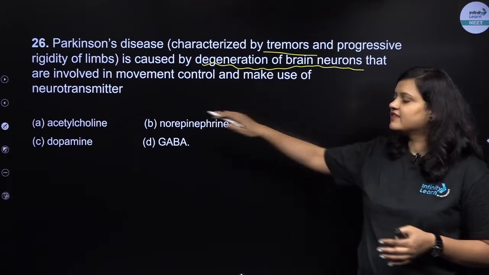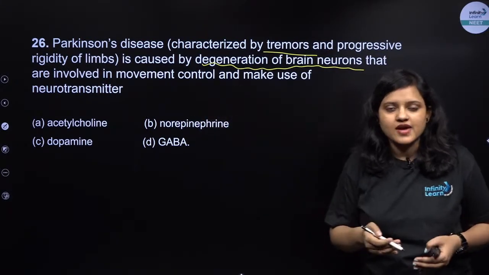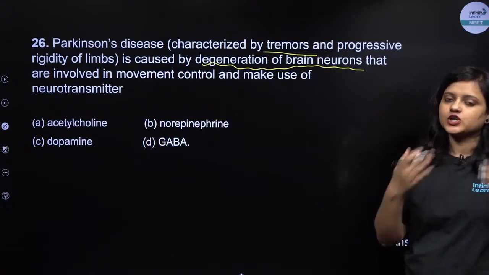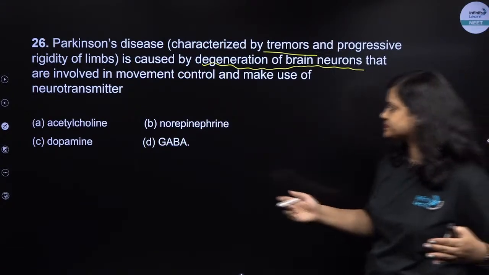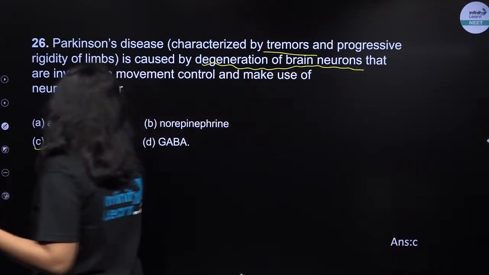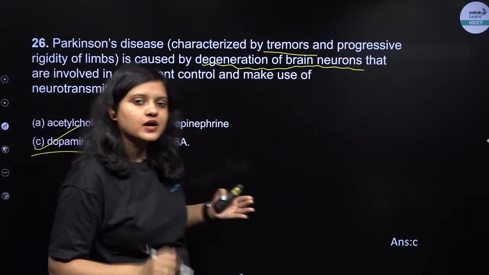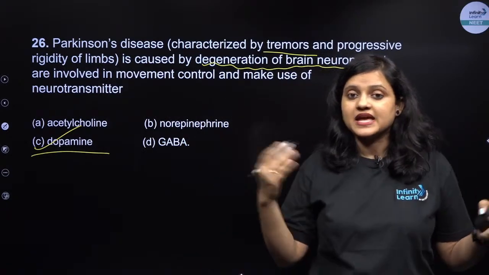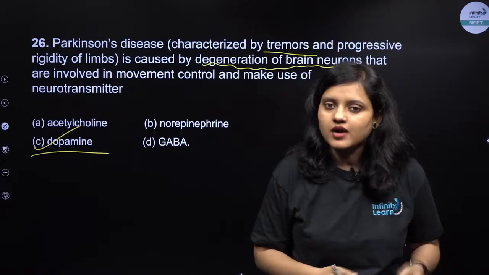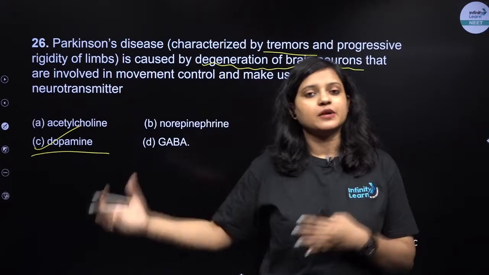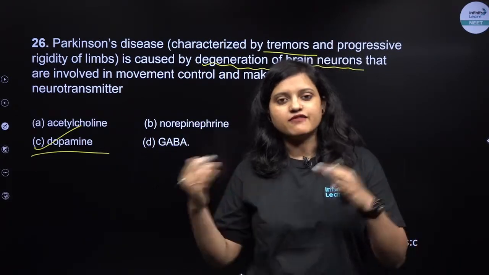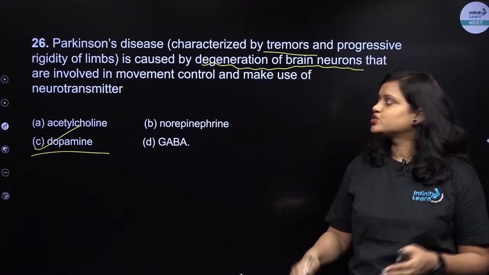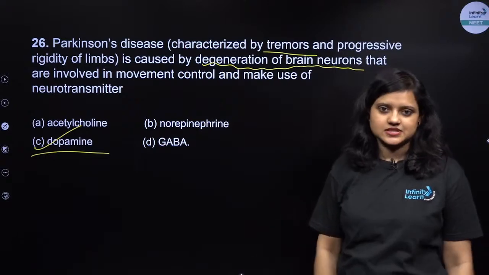So basically there will be a deficiency of a particular neurotransmitter, because of which this disease occurs. Just now we have seen the correct option will be dopamine. Remember, when there is a deficiency of acetylcholine neurotransmitter in our body, what will happen? There will be development of Alzheimer's disease, and whenever there is deficiency of dopamine neurotransmitter, it will lead to Parkinson's disease. Okay?